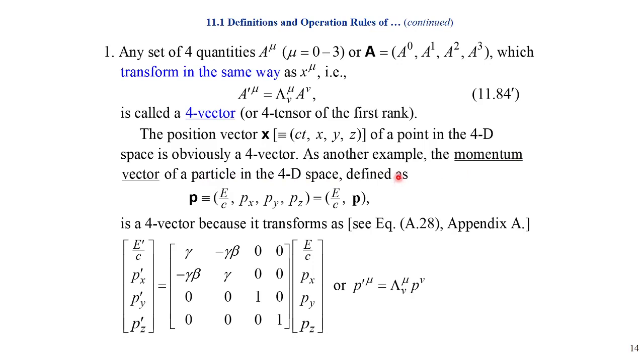But for momentum, we have three components, px, py, pz. How about the first component? In order to obtain the first component, we introduce E over c. So now we have four components. How do you know the first term is E over c? Why not E over 2c?